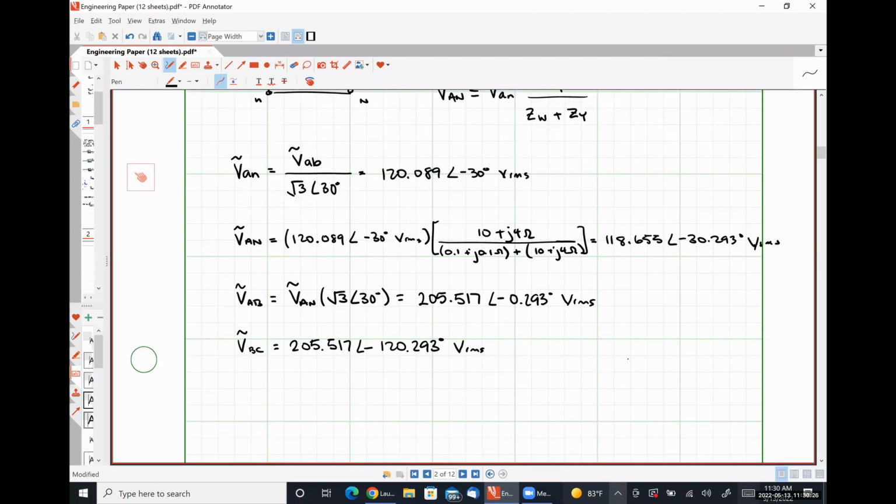And VCA would be simply another shift by negative 120 degrees, giving us negative 240.293 degrees volts RMS.